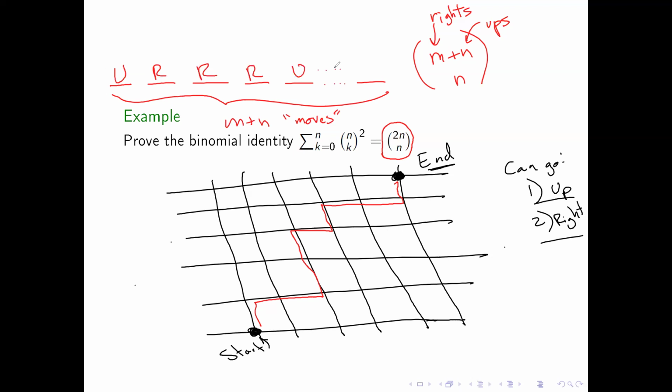So I'm really picking in the sequence of moves, because there's going to be m plus n moves, or 2n if it's perfectly square, which of those moves are ups. And then the remainder have to be rights. So I'm just going to stop right there. Does that make sense as to what we're counting on the right-hand side?